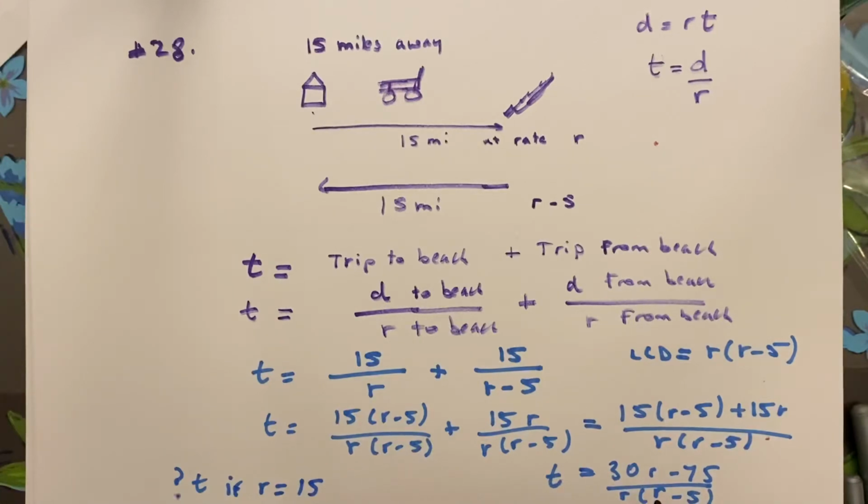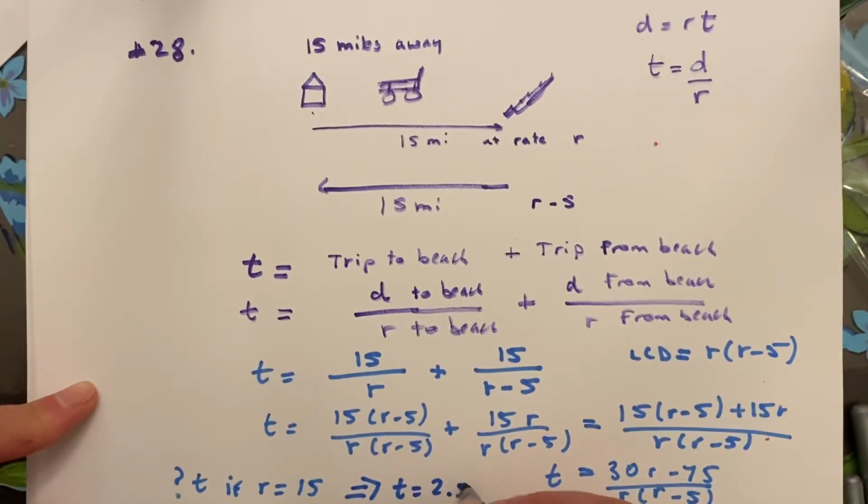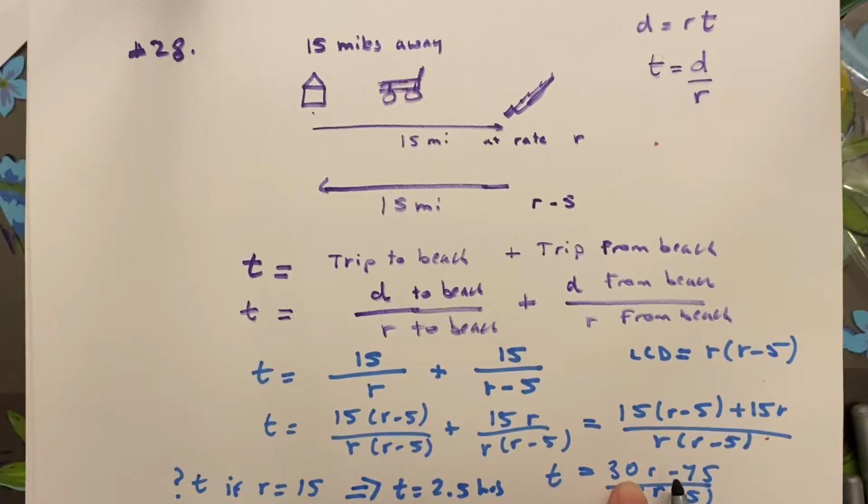Well, all you need to do is plug the 15 in here, and you find out that T is 2.5 hours, right? And you can just see that 15 times 15 minus 5, so you're going to have 150 on the bottom. 30 times 15 minus 75, you're going to end up with a time of 2.5 hours.